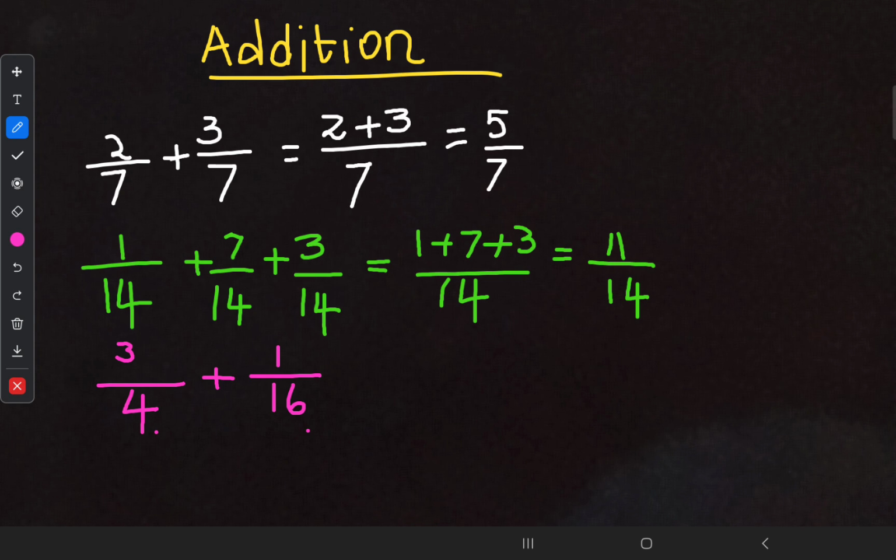Otherwise, we can't add the fractions. So we have to think, can we convert 4 to 16? Is there a possibility to convert the smallest denominator to the highest denominator?